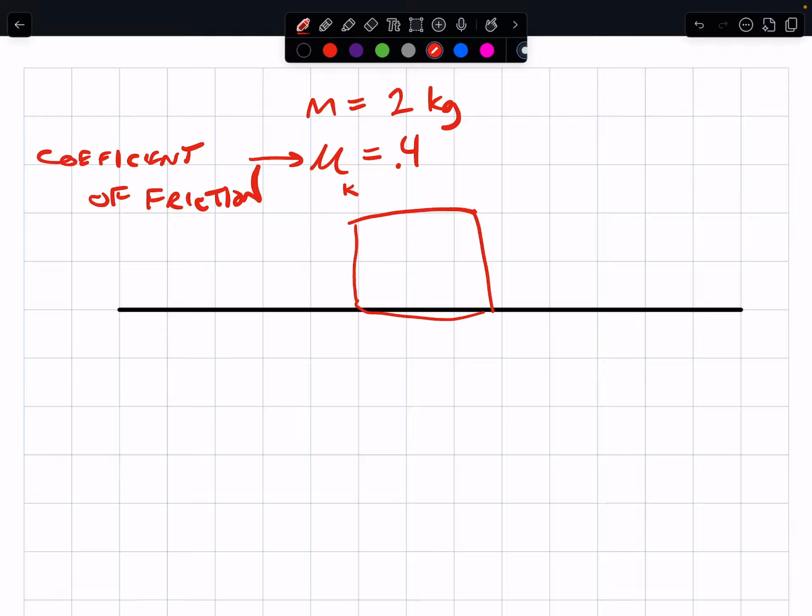So the question is, how much force do I need to push this thing with in order for the box to slide with constant speed?